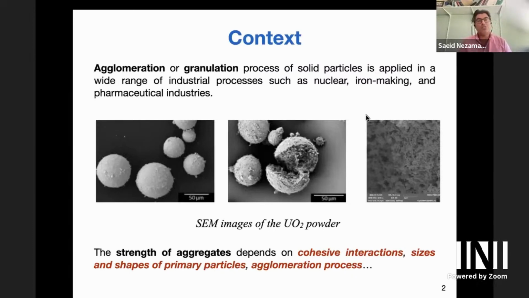The crucial point about agglomerates is their strength. It should be sufficiently high to avoid destruction during different processes. The strength depends principally on cohesive interactions, sizes and shapes of primary particles, and also the agglomeration process, which controls the microstructure and the porosity of the agglomerates.